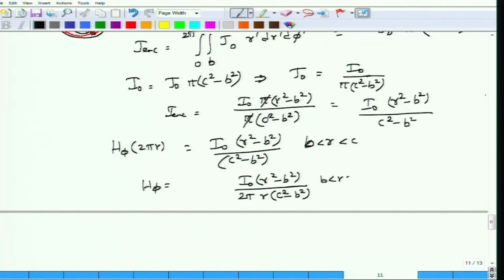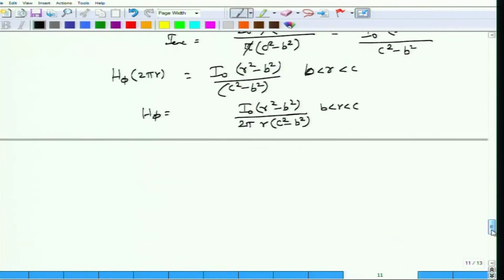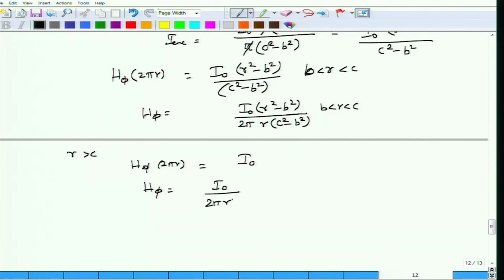So that is for b less than r less than c. Of course, when your Amperian loop has a radius greater than c, then H phi into 2 pi r will be the same, but the total current enclosed will be I0, correct. So H phi can be written as I0 by 2 pi r.